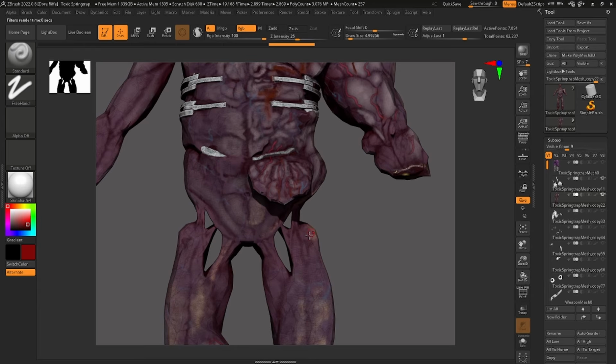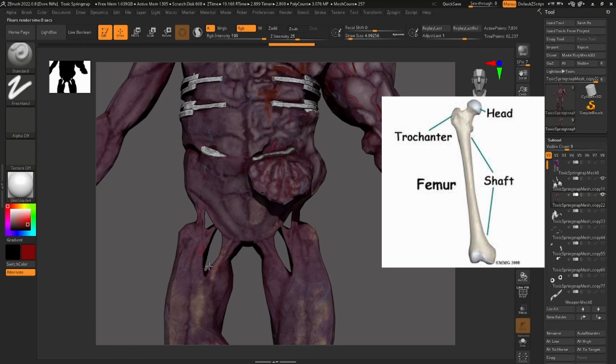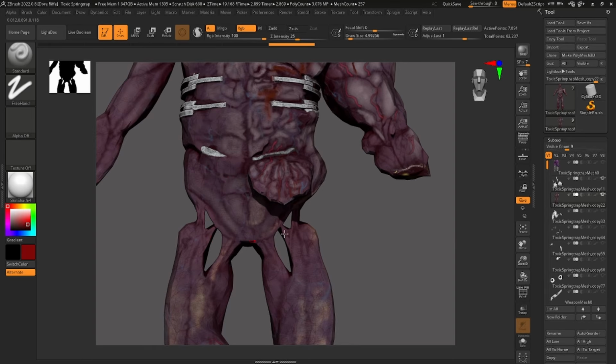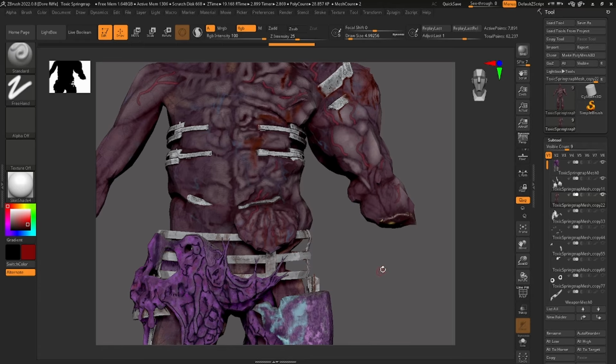Yeah, I guess this would have to be the head too. So both of Toxic Springtrap's leg bones, they're not even attached. The head of the femur isn't even set into his hip. It's literally attached by these little strips of muscle and flesh.